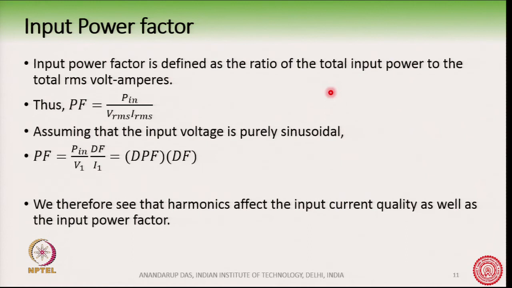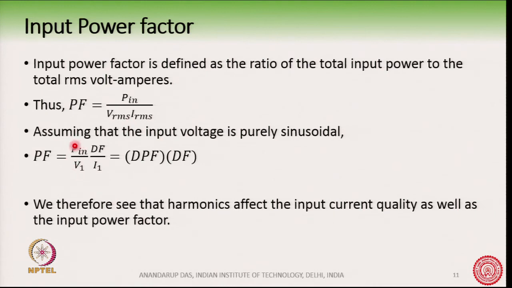The input power factor is defined as the ratio of the total input power to the total RMS volt ampere. So, the power factor is P in divided by V RMS into I RMS. Now, V RMS is same as V1.